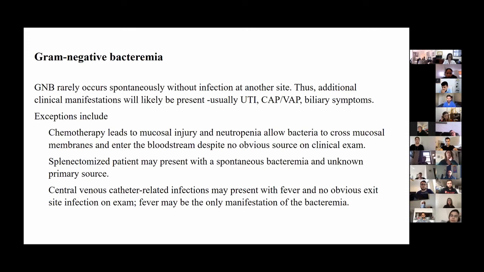There may be fever, but no exit site infection that is obvious. So otherwise, gram-negatives, we kind of know where they come from, and we can identify it. And therefore, if we can identify it, we can usually control it. Okay.